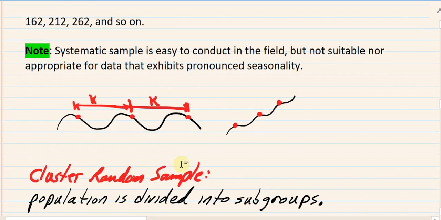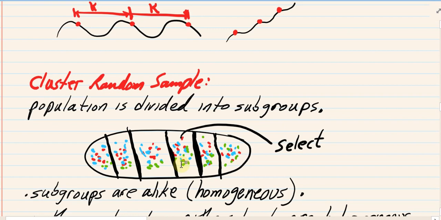The next probability sample is cluster. So here's an example of a cluster random sample. In a cluster random sample, we divide the population into subgroups. So this is a hypothetical population, and I'm dividing it into 1, 2, 3, 4, 5, 6 groups. Now notice the colors I've used here, by the way. Every subgroup has the same color composition.